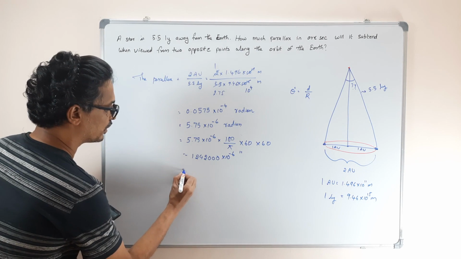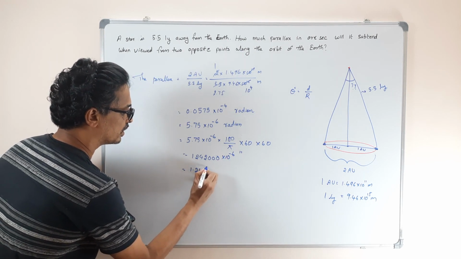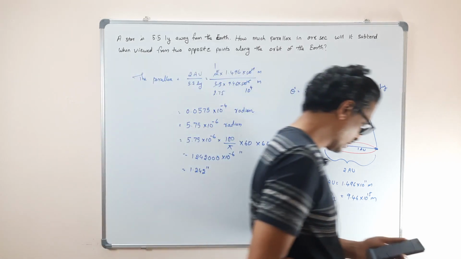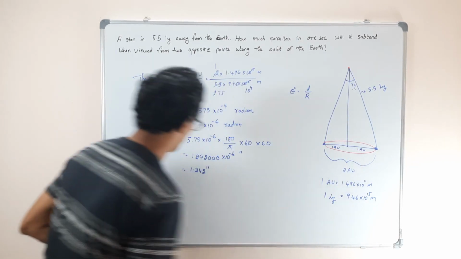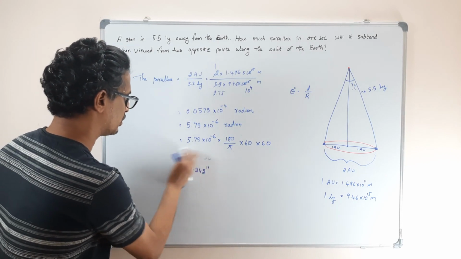Correct? So what will this be? 1.242 arc second. That should be the... okay, so there's a mistake. This multiplication is wrong.